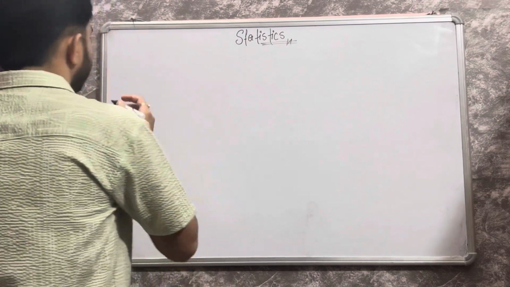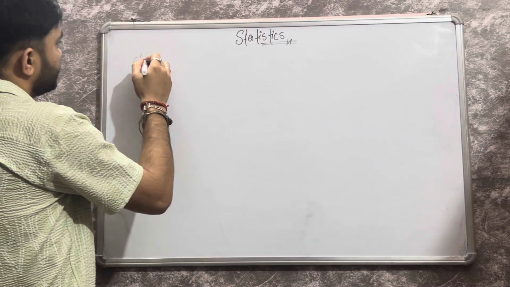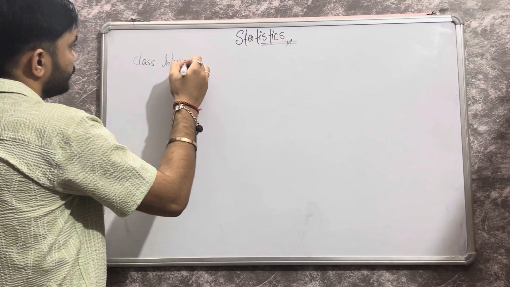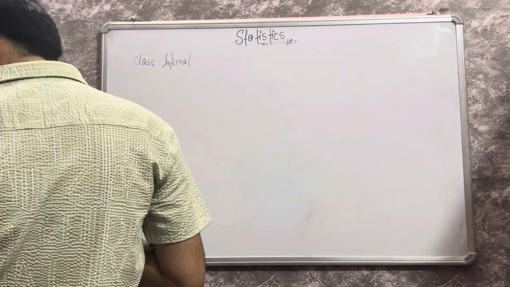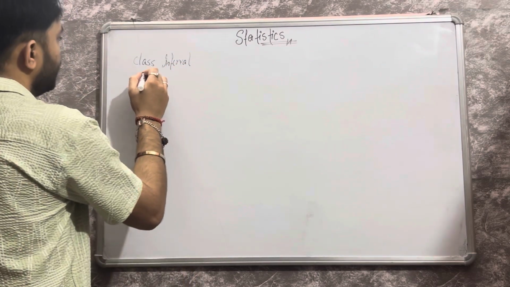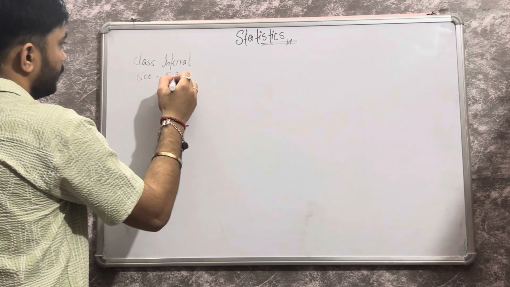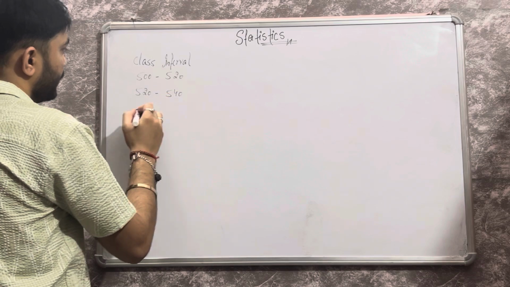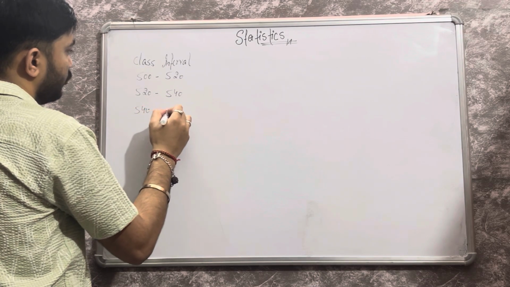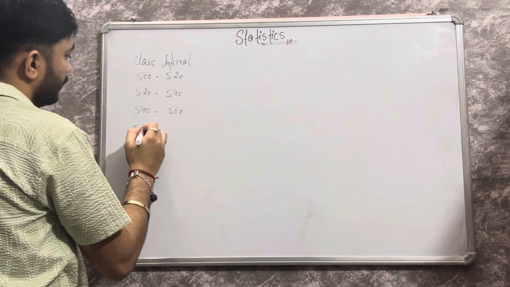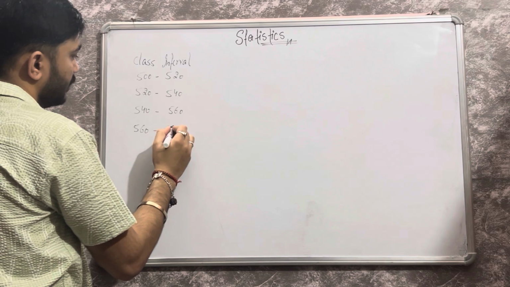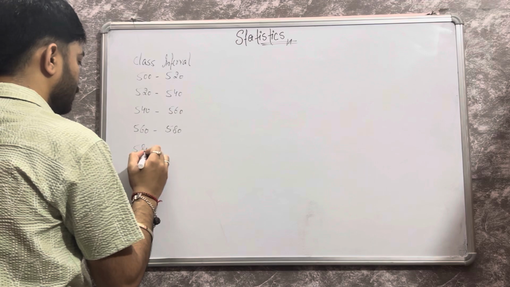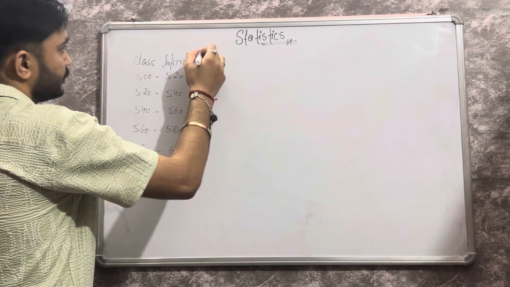So here daily wages are taken as the class interval. The data given to us is 500 to 520, then 520 to 540, 540 to 560, 560 to 580, and 580 to 600.